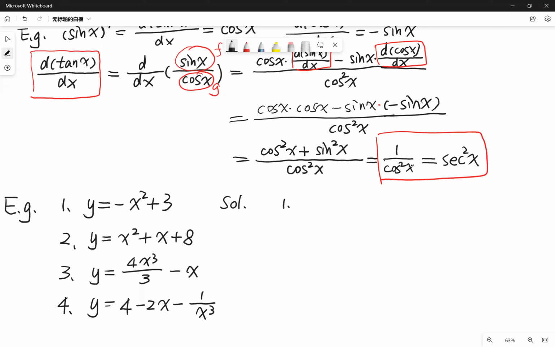The derivative of the first part is minus 2x, and the derivative of the constant 3 is 0, right? Then it's equal to minus 2x. This is the first one.